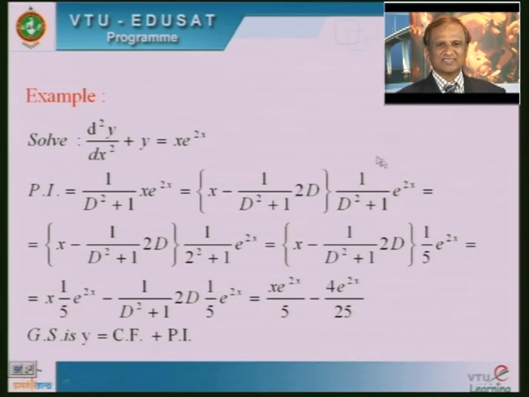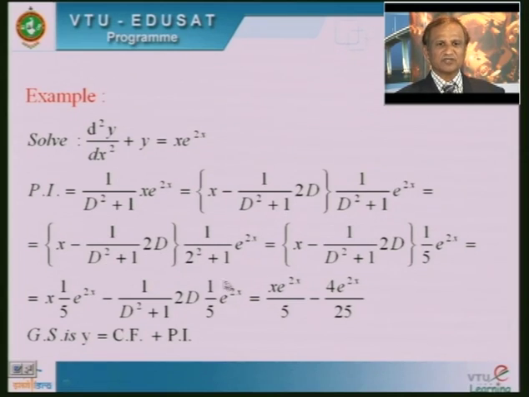Now I want to find the particular integral of this term. I want to observe this function. It is of the type exponential function, namely e to the power 2x. So I will write this part as it is: x minus 1 divided by D square plus 1 into 2D.